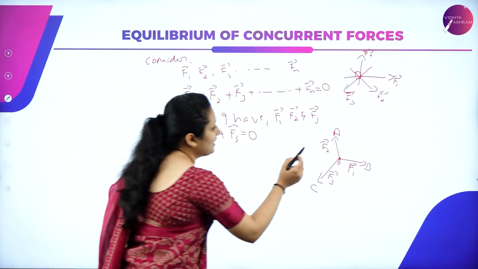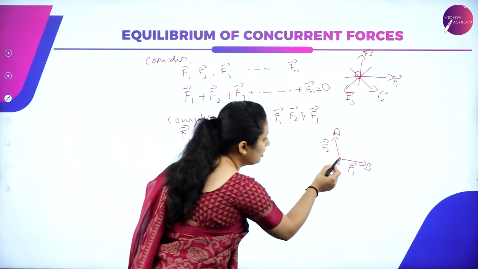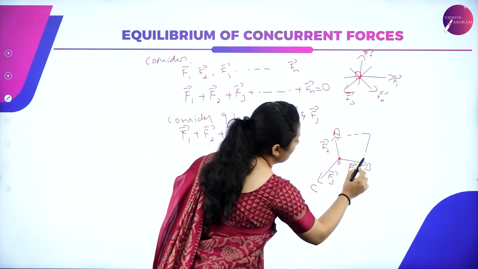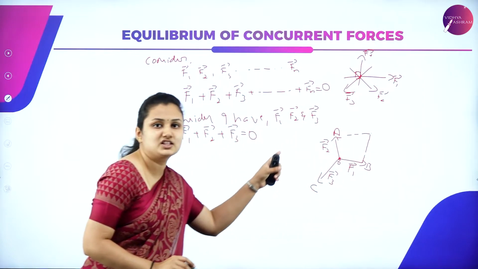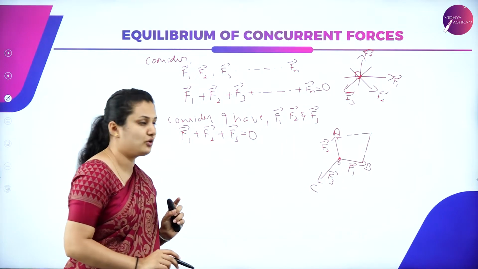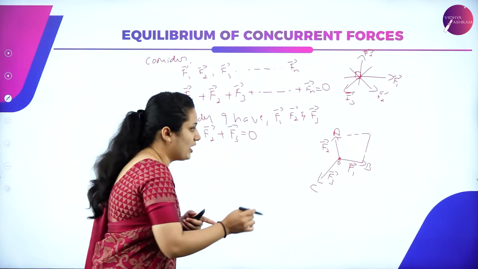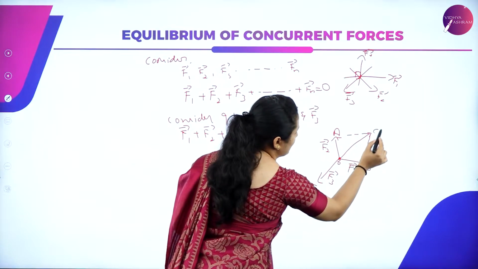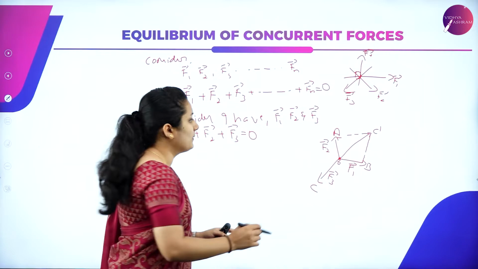See, I have 2 sides which are intersecting at a common point. So I will complete a parallelogram to explain these concurrent forces, because I have 2 adjacent sides meeting at a common point, from where I will draw the diagonal, say OC dash.